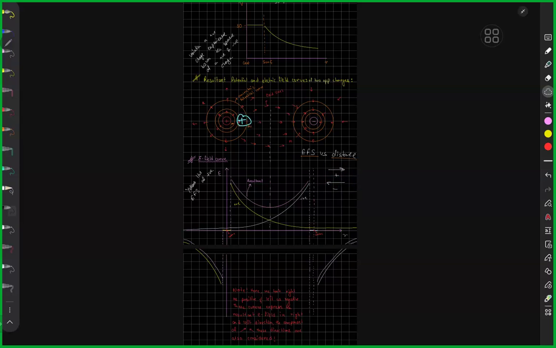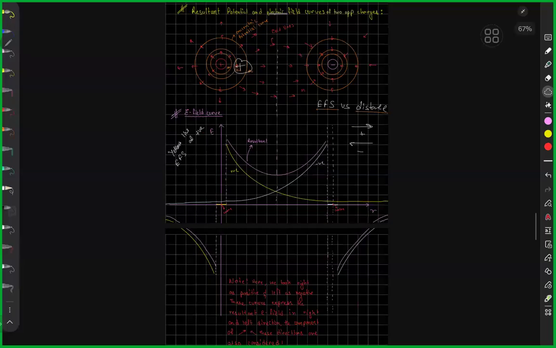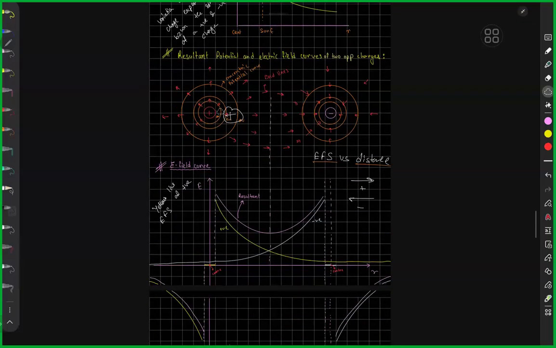If I have a charge over here, what amount of force should it feel and in what direction? Okay, I have a charge over there. Fair. So let's try and find it out. It is at a separation of, let's say, 2 meters. So what is the value on the resultant curve? Over here, let's say this is 2 meters away from the center of the circle.